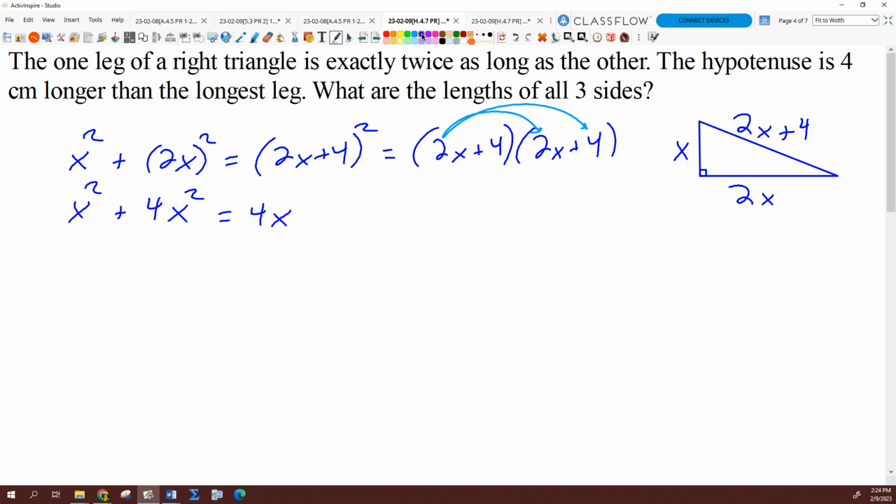4x squared plus 8x. And then if I distribute the 4 there and there, plus another 8x plus 16, okay?